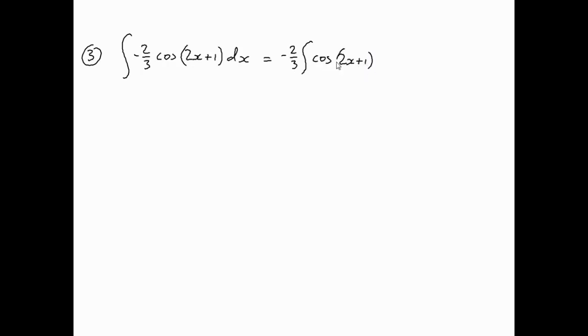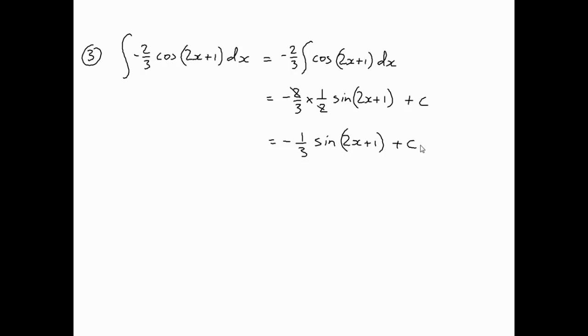Then the minus 2/3 stays out the front, and this is going to be times 1 over 2 sine(2x + 1) plus c. Don't forget the plus c. The 2's cancel. I'm left with minus 1/3 sine(2x + 1) plus c. Okay, so there's our antiderivative.